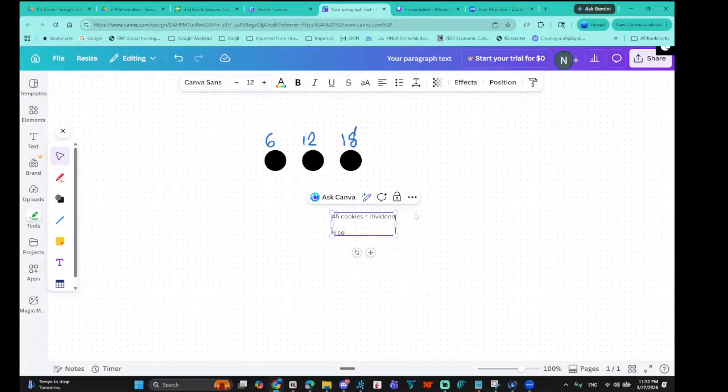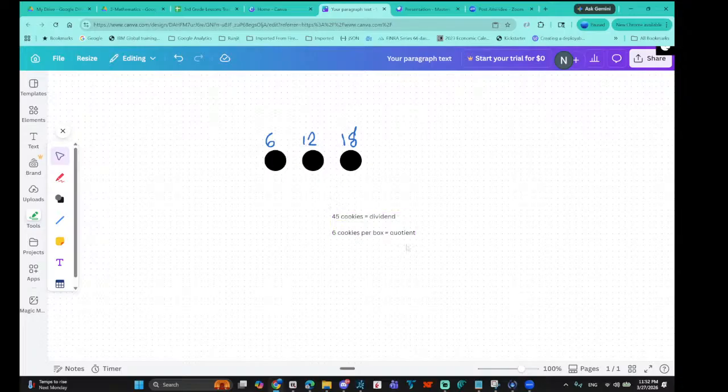So you'll put 6 cookies per box as the quotient this time, because we already know how many cookies are in there, but we need to know how many boxes we need to divide the cookies. So here we have our whole info.